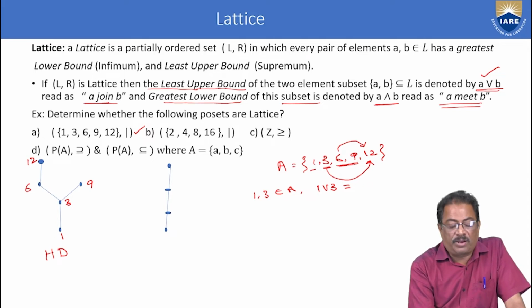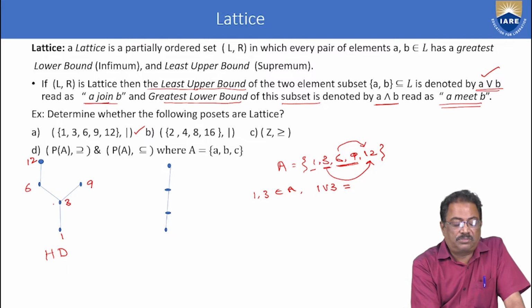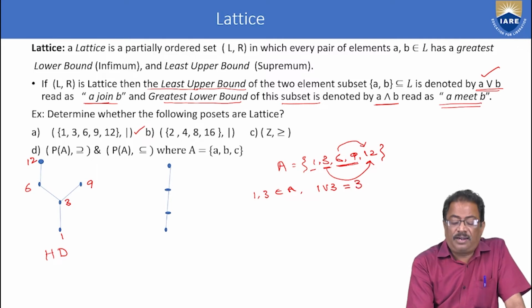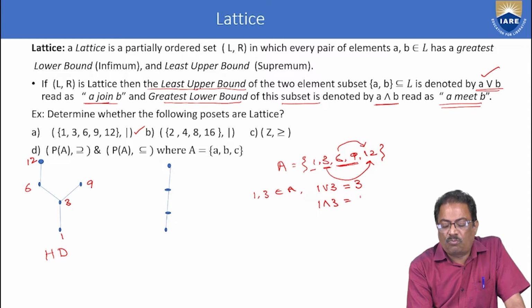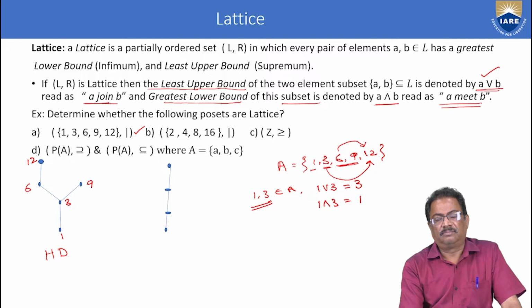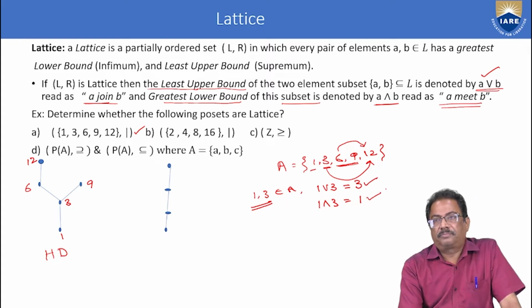As we discussed in the previous class, what are the upper bounds? 3, 6, 9, 12. So the least upper bound is 3, and the greatest lower bound of 1 and 3 is 1. So this subset 1, 3 of A has a least upper bound and a greatest lower bound.